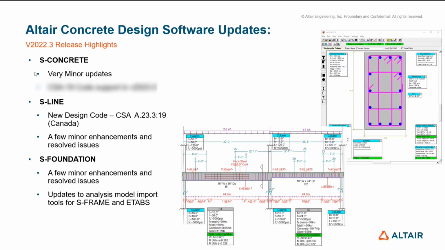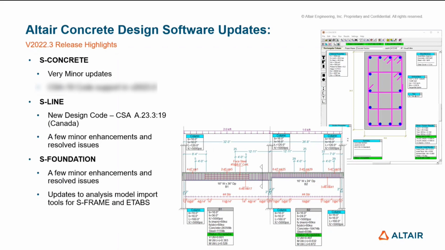So I just have one slide right now to present the updates for 2022.3. In S-Concrete, we've had just some very minor updates related to things that weren't associated with named user licensing, but those are included as well. In S-Line, we have implemented the CSA A23.3-19 code. S-Line is just dealing with concrete beam members, so it's a smaller subset than S-Concrete, which deals with columns, beams, and walls.